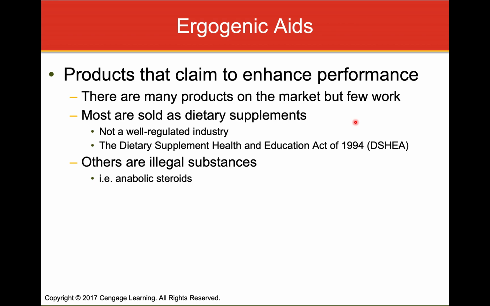This is not a well-regulated industry, and part of the reason for that is the Dietary Supplement Health and Education Act of 1994, and we've looked at this before. And for the final exam, I want to make sure you know what DSHEA is. This is the act that allows products to be sold in stores or put on shelves prior to undergoing testing for purity, safety, effectiveness, all of those things.